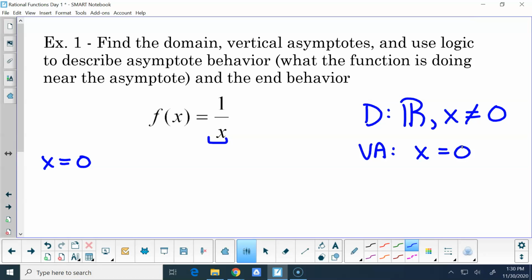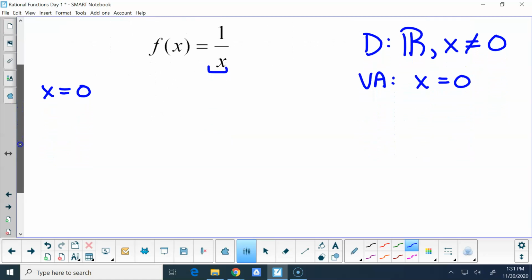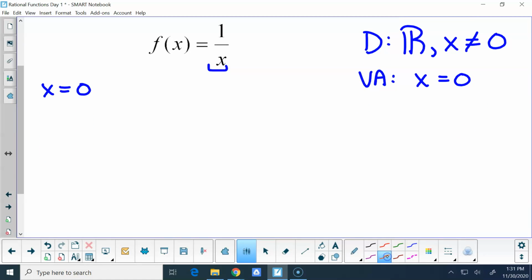So you should have a domain of all real numbers, but x cannot be 0. And your vertical asymptote should then just be x equals 0. Agree? Okay? Then it asked us to use logic to describe asymptotal behavior.